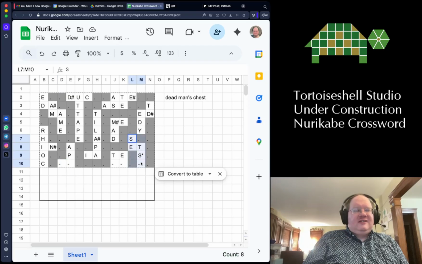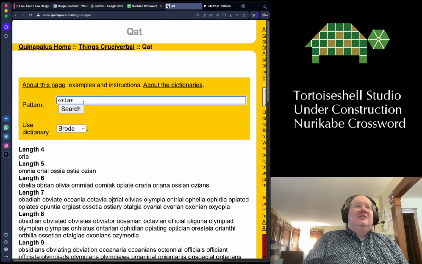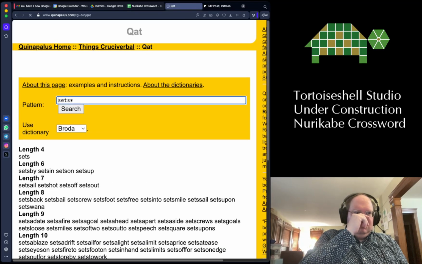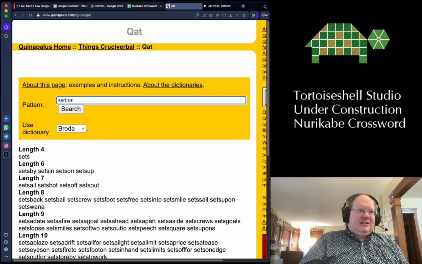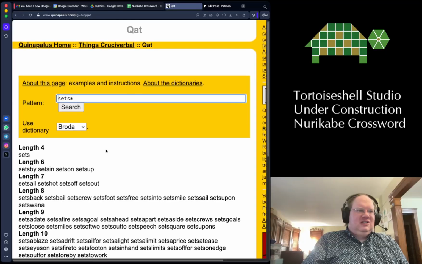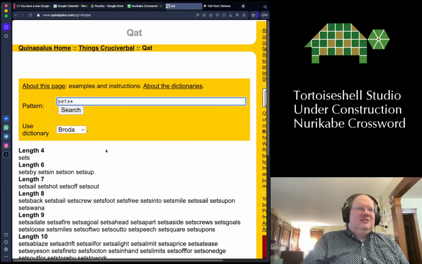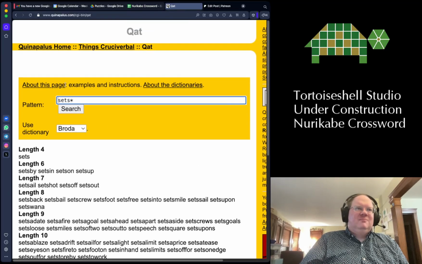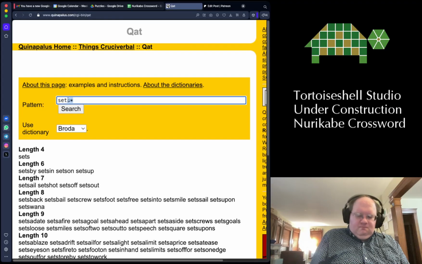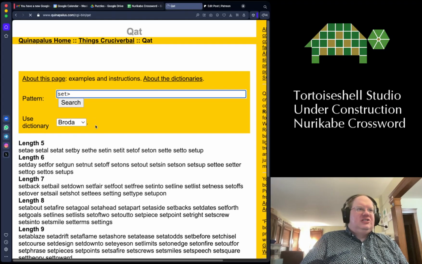So there's sets up, set sail, set square, sets back, any set phrase. Set screw, sets foot, sets apart. Let's just do that.